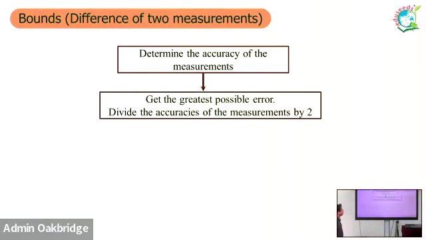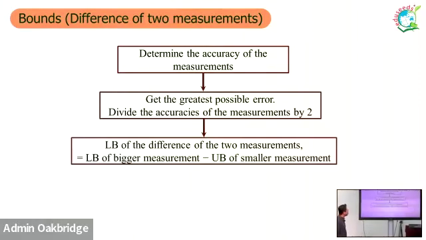You know this: determine the accuracy of the measurement, and then get the greatest possible error. Then we come to the lower bound of the difference of 2 measurements. Be careful. To get the lower bound of the difference of 2 measurements, you should take the lower bound of the bigger measurement minus the upper bound of the smaller measurement. You see, this involves both lower bound and upper bound.